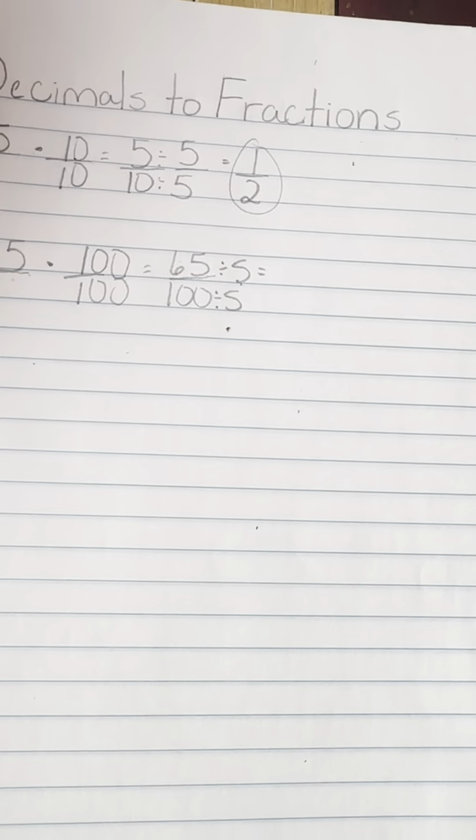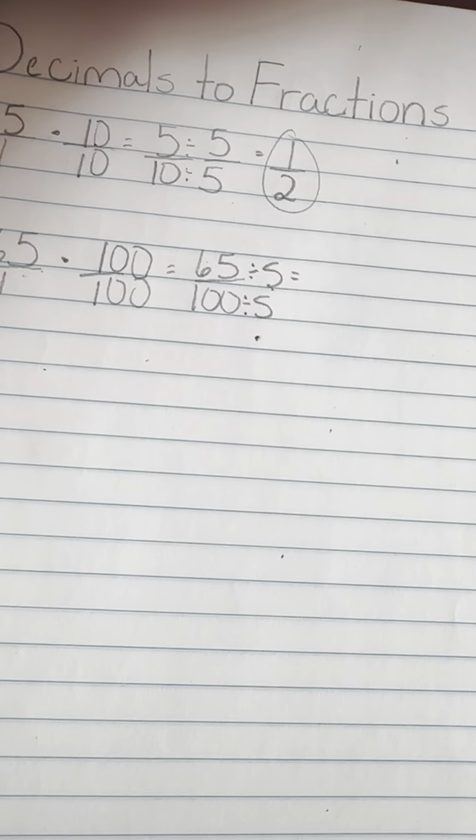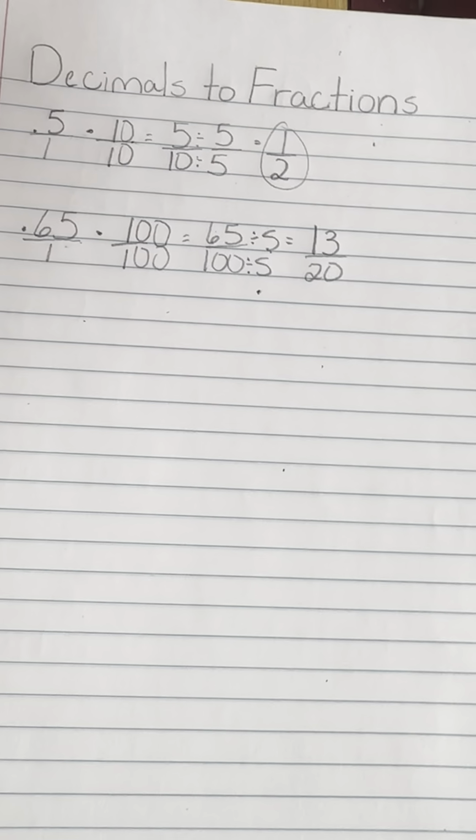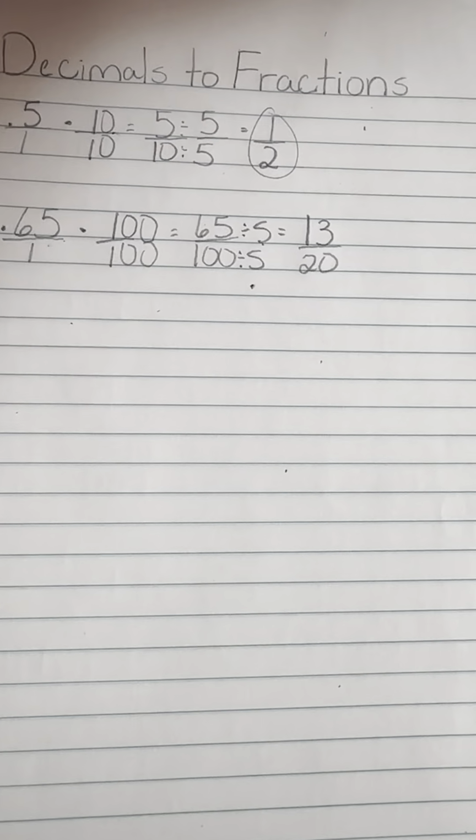By 5, divided by 5, divided by 5. And then our final answer for this problem is going to be 13 over 20. So far, so good.